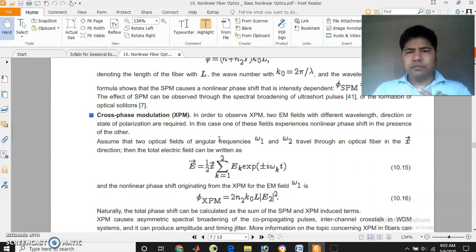If the fiber has high nonlinearity, then the phase of one pulse will be changed by the other.